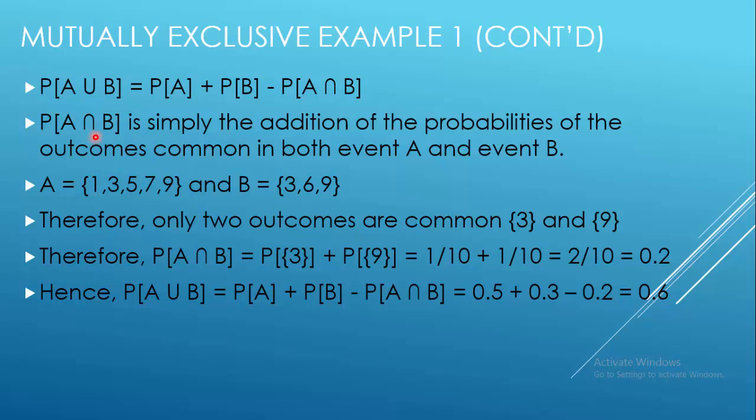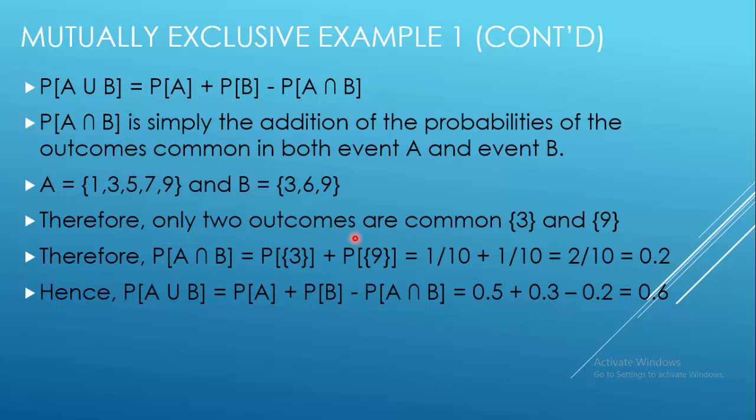The probability of A intersection B is simply the addition of the probabilities of the outcomes common to both event A and event B. Event A is 1, 3, 5, 7 and 9 and event B is 3, 6 and 9, and the common outcomes in these two events are 3 and 9.